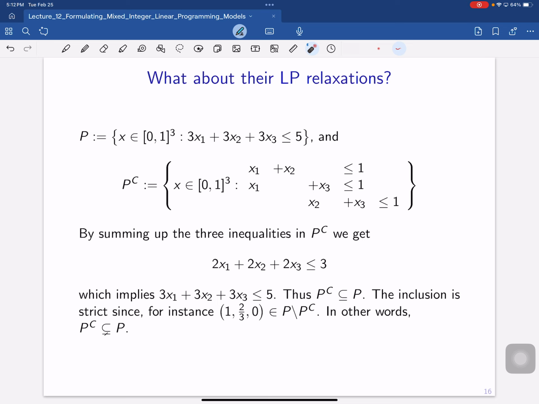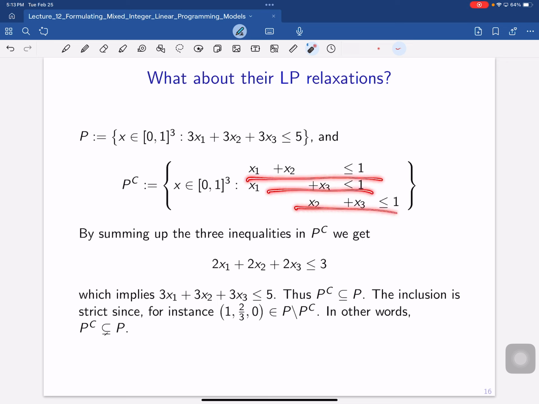In order to show the minimal cover is tighter than the original formulation, the idea is we need to show P superscript C is more constrained than the original relaxation. In other words, this inequality constraint should be implied by these 3 inequalities. So how do we show that? Let's do a very simple operation: sum up all these 3 inequalities.